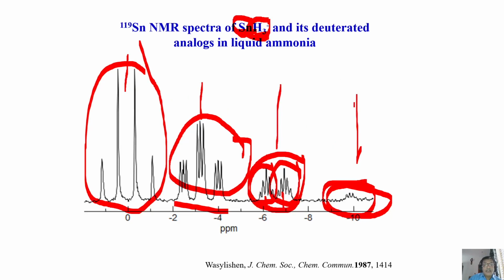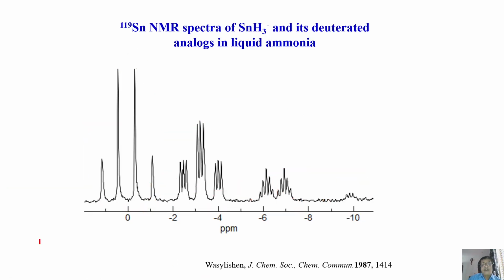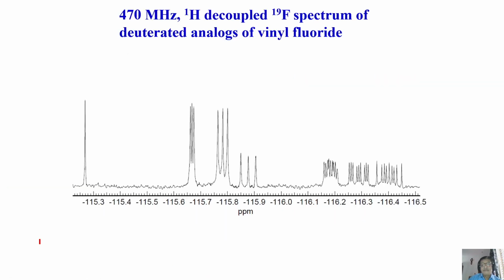In fact, all are equal. It linearly changes. So you can find out the isotopic shift because of one heavy atom substitution, what the isotopic shift is when there are two heavy atoms or three heavy atoms substituted. All these things can be easily calculated. These are all the effects of isotopes you can see here.